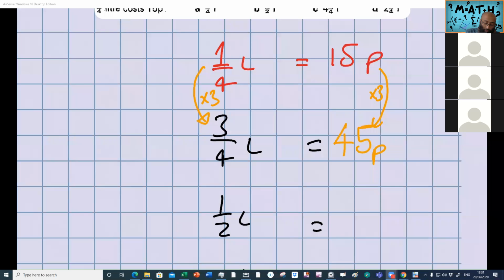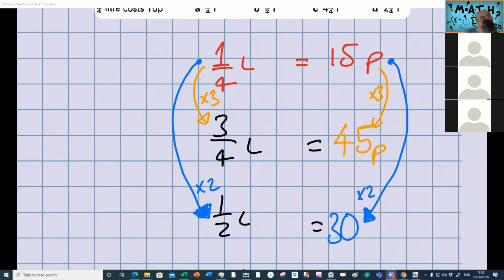Okay, lovely. Right, how do we get to half a liter now? You times by 2. You start back from the same place. So a quarter times 2 is half a liter. So 15 times 2 is 30.